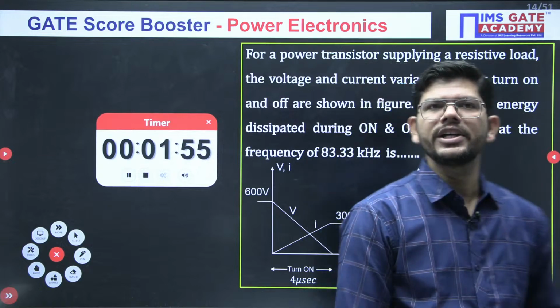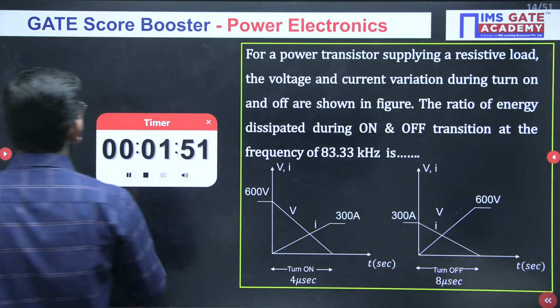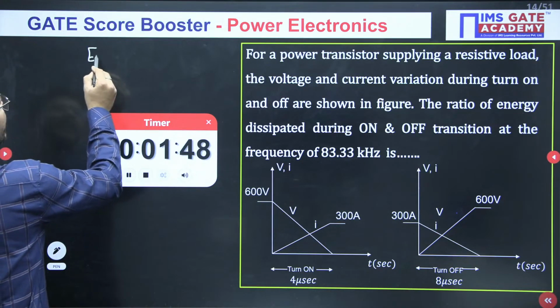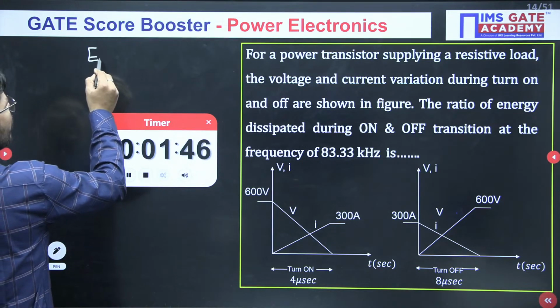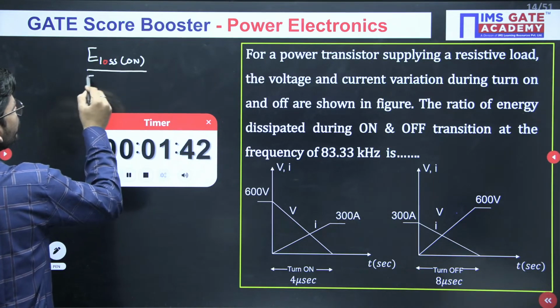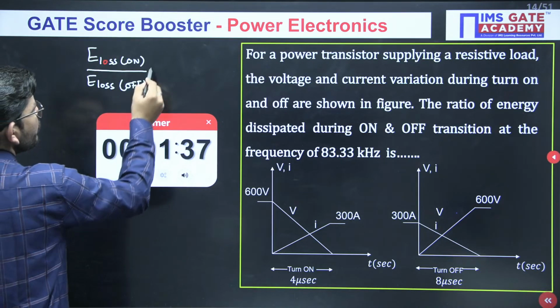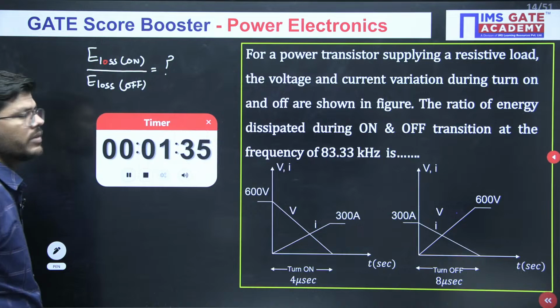Nilmesh has got an answer 1 by 2. The ratio will be 1 by 2. Be very clear, what we have to calculate here. We have to calculate energy loss during on transition and the ratio of it with energy loss during the off transition. This is what you have to find here.